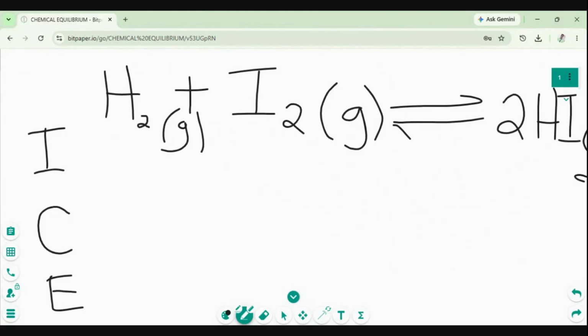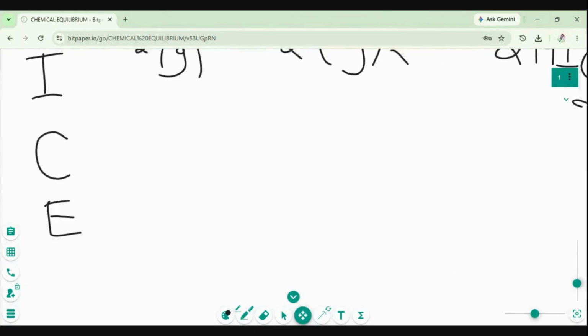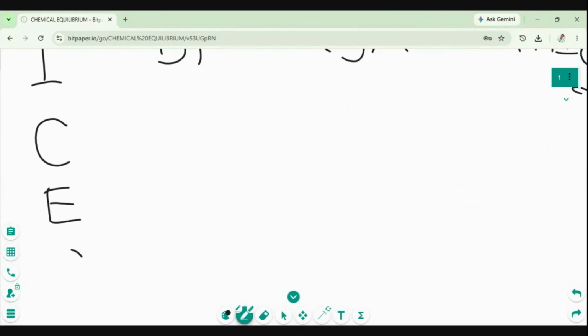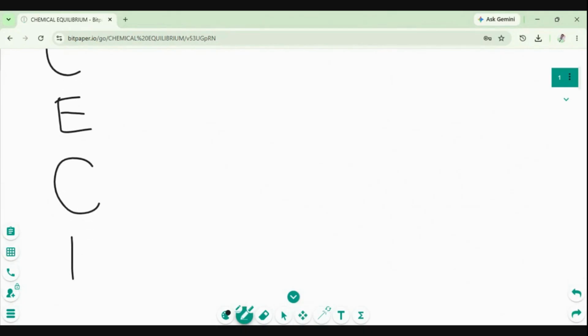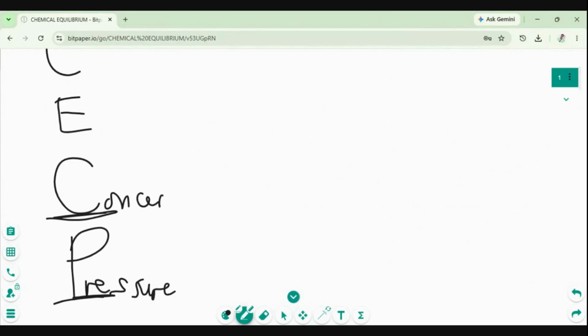So in these calculations, we are preparing ice. We can either coat the ice or pot the ice. When I say P, I mean pressure; when I say C, I mean concentration.